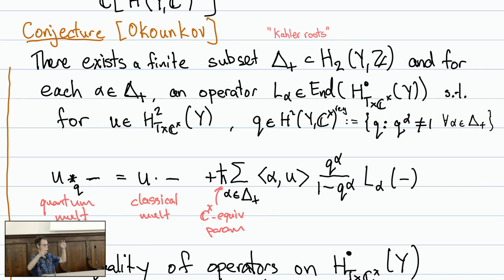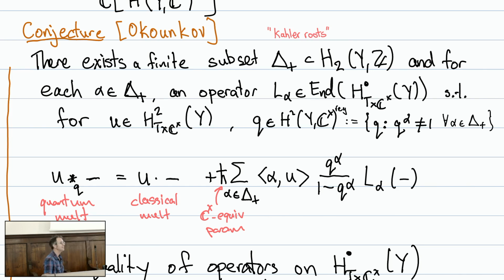So as a generalization, there should be a kind of root system, a set of roots. In fact, Okounkov defined two sets of roots. One is called the Kähler roots, and another set called the equivariant roots. Under symplectic duality, they're swapped. So this is the one kind of roots that a symplectic resolution has. And why they're called Kähler, I guess it has something to do with the usual use of the word Kähler in this subject. It has to do with deformations and so on. Somebody else can answer that question.